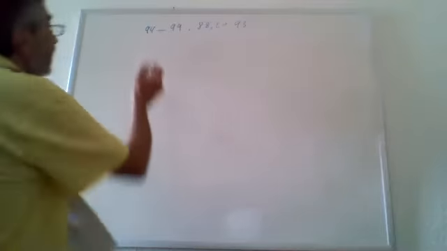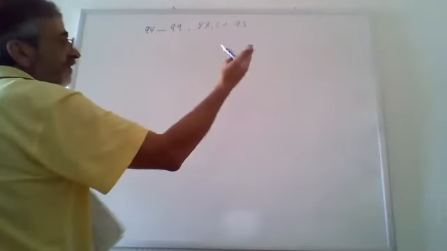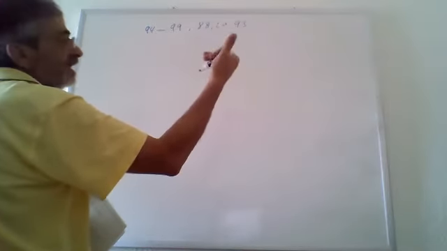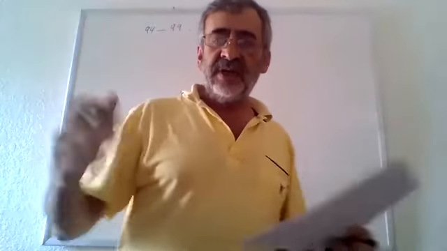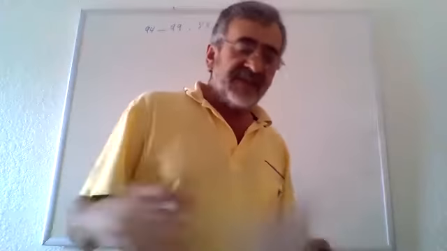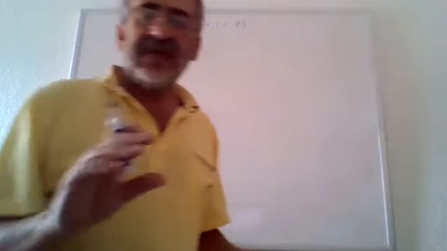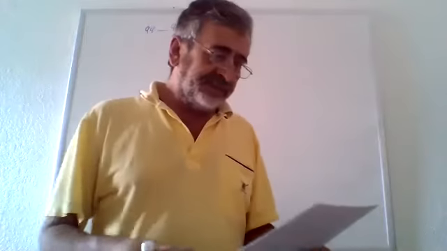So you have 94, 95, 96, 97, 98, 99. Notice there are 6 points in that particular range. If it says 7-point bins, then we're looking at 7 points, and so on. Clear?